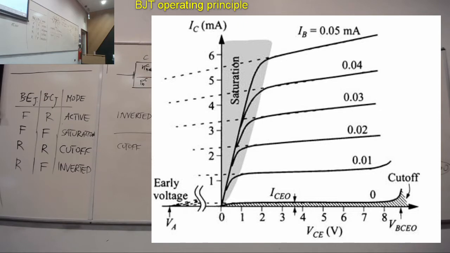And actually, that's a nice feature of the common emitter configuration, that if you prolong these lines backward, they meet in one point. As you can see, it is indicated down here. There is a break on the plot here, and very, very negative, there is this voltage VA.